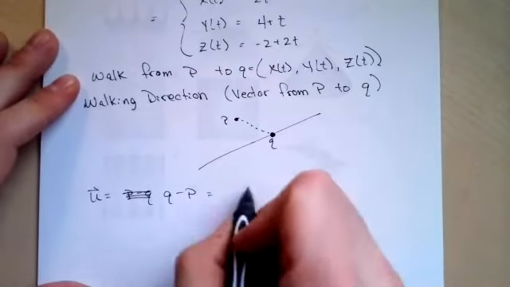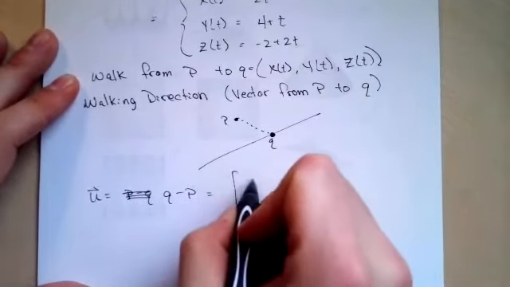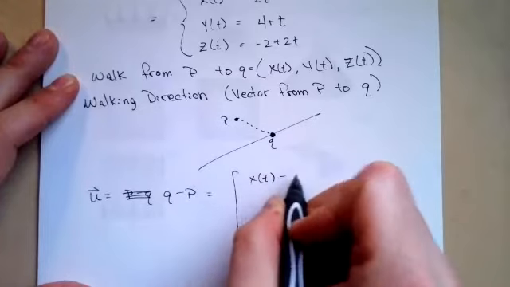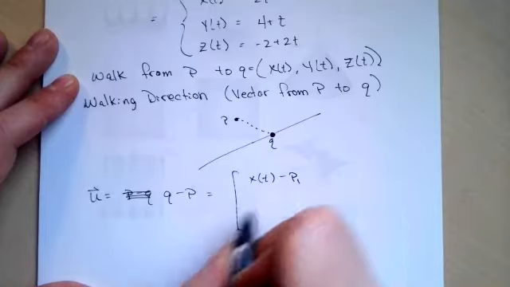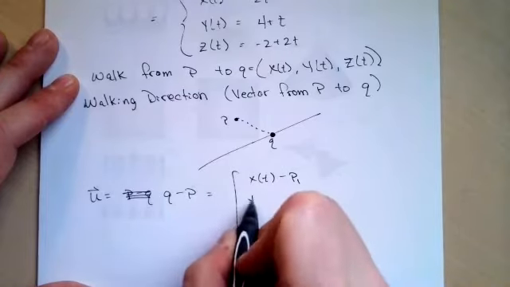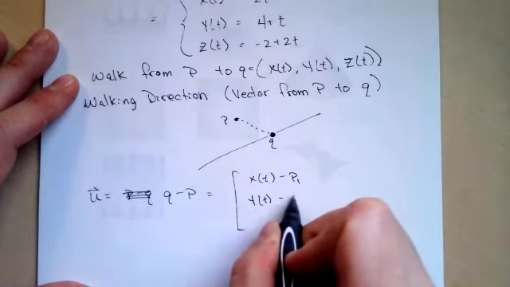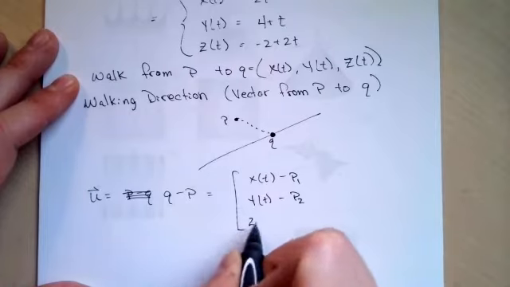And so what are we going to have? That's just going to be a vector of our x coordinate minus our x coordinate for our P, and then likewise in the other coordinates.